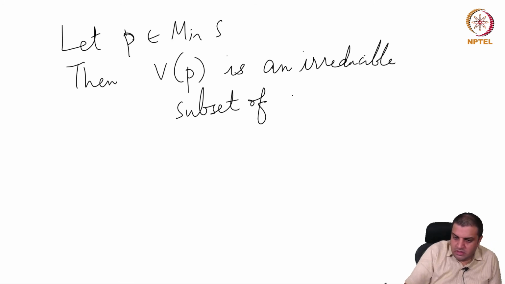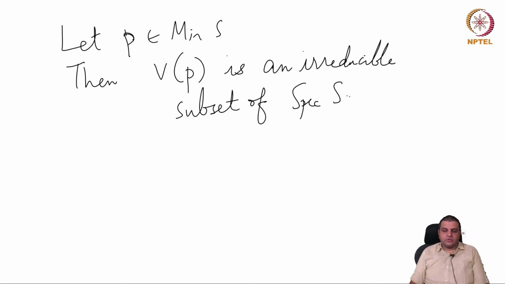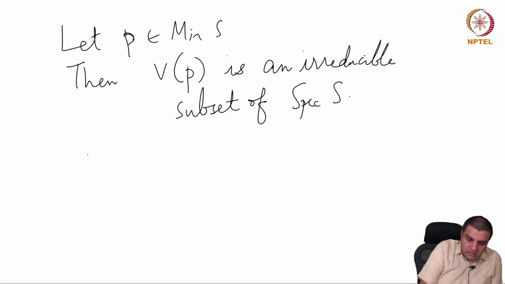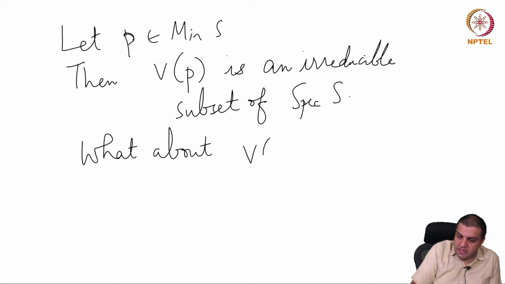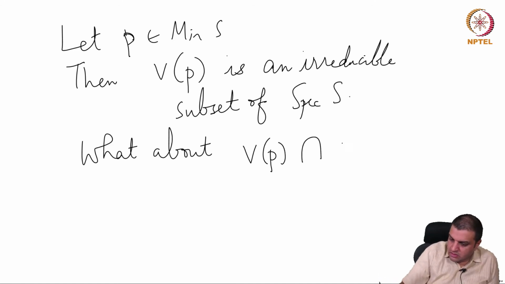of spec S. Okay. This we proved in the last lecture. So now we ask, what about V of P intersect Z of I?